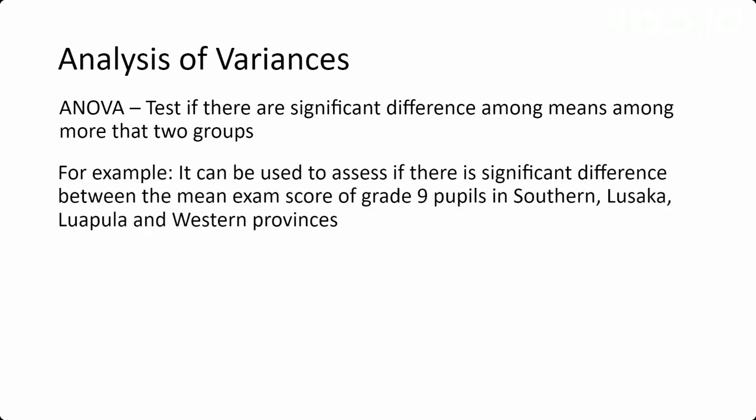So, for example, it can be used to assess if there is a significant difference between the mean score of grade 9 pupils in Southern Province, Lusaka, Luapula, and Western Province. As you can see, the provinces are now four. So the applicable tool for testing the differences in the means among these groups is ANOVA.